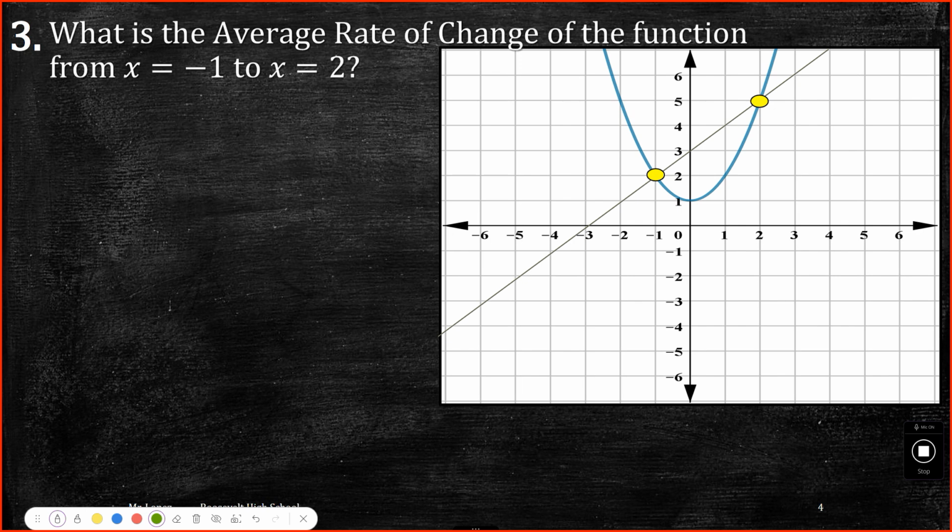We're not doing rise over run, which for the line would be the rise over the run. But for the curve, we want to use the formula, no? Oh, not M. We're doing average rate of change.